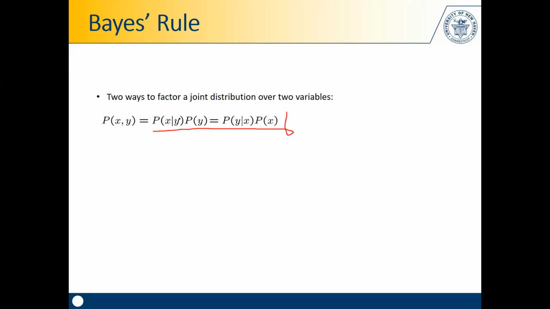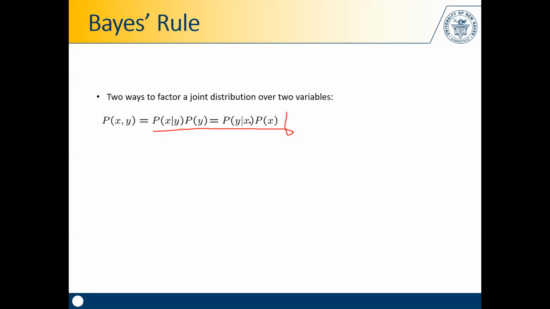Just to give you more context, I'm going to give you an example. In medical diagnosis, you can say the joint probability of having the flu and having a fever can be calculated by checking to see if you have the flu and then reasoning about the probability of having fever.